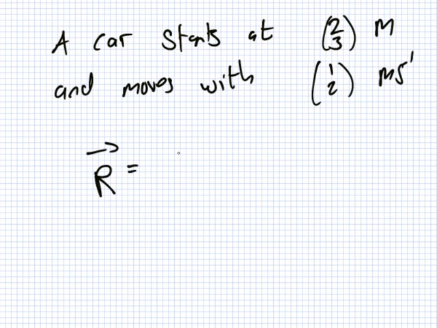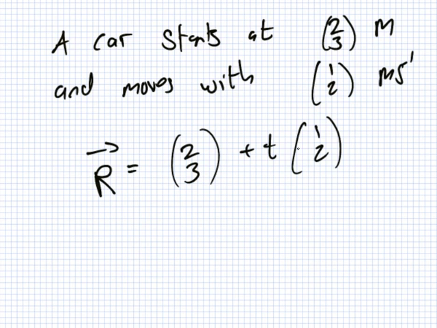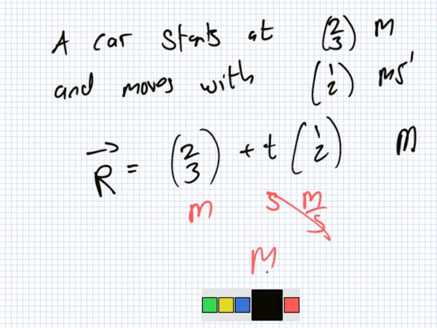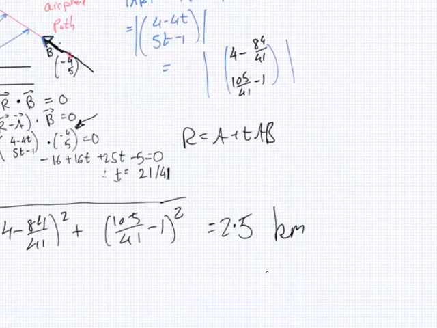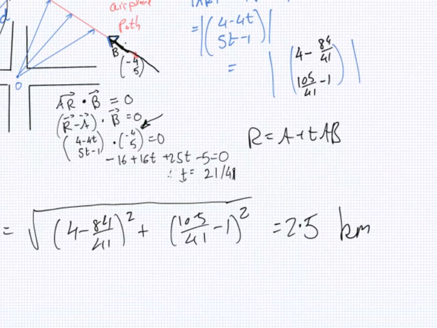Its position would be 2, 3 plus t times 1, 2. And what would be the units for this answer actually? It'd be meters. Because this was meters, this was seconds, and this was meters per second. So in my last question, when I did this, I actually know what this t here means.